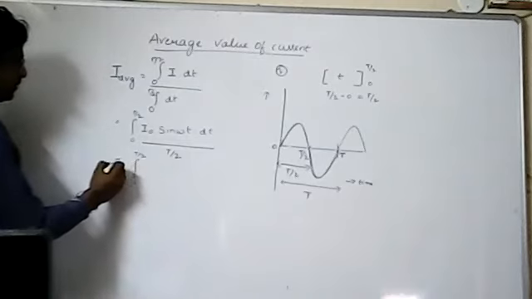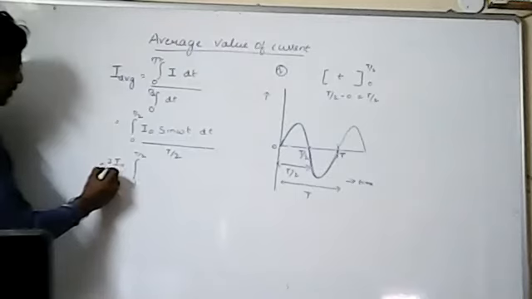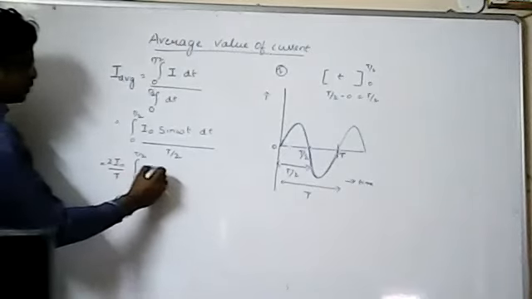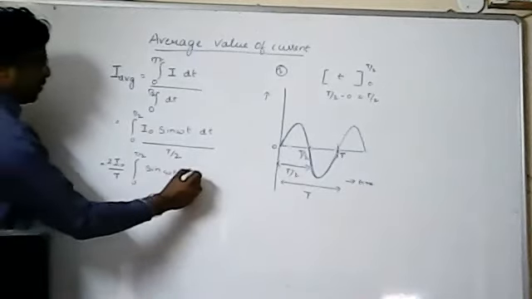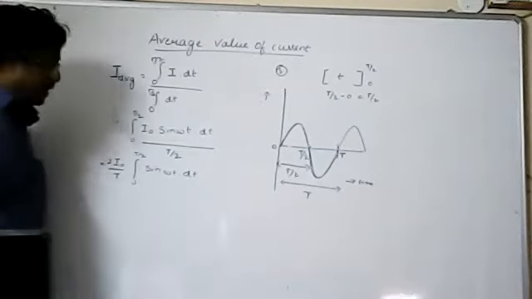I naught is constant. This 2 will go to the numerator: 2 I naught by T into sine omega t into dt.